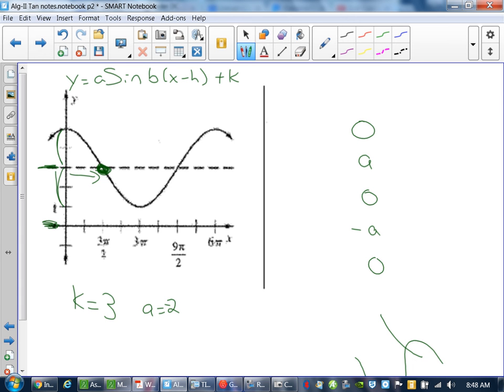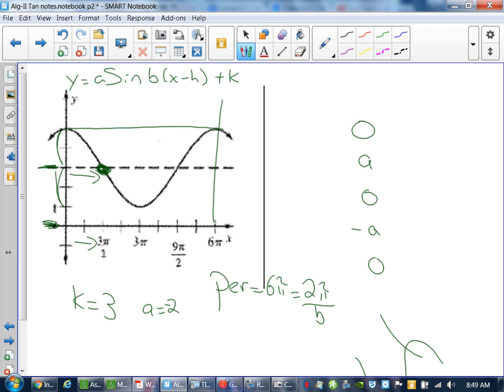And knowing that my shift moved over 3 pi over 2, if I look at one full oscillation, peak to peak, that would be a period, wouldn't it? That value is at, what? 6 pi. So I know that my period is 6 pi, but that has to equal 2 pi over b.